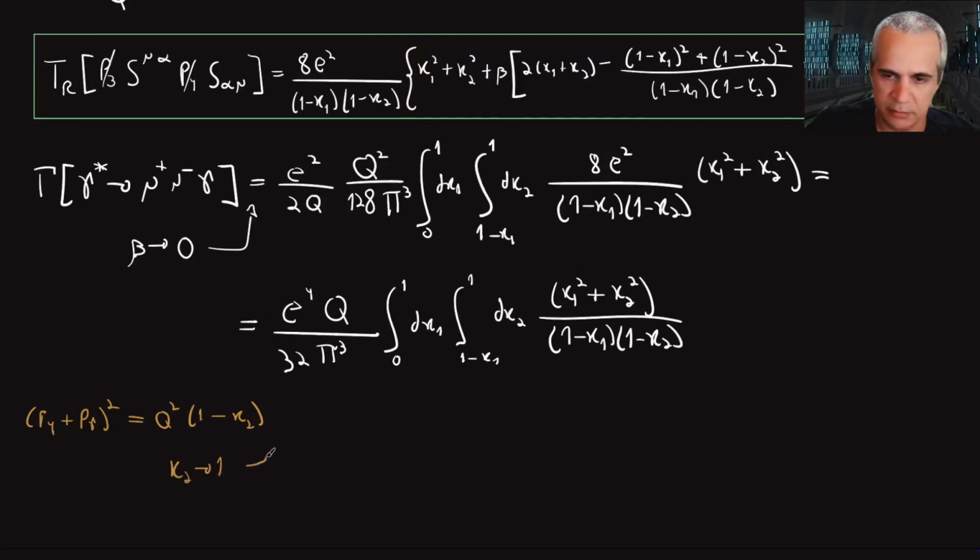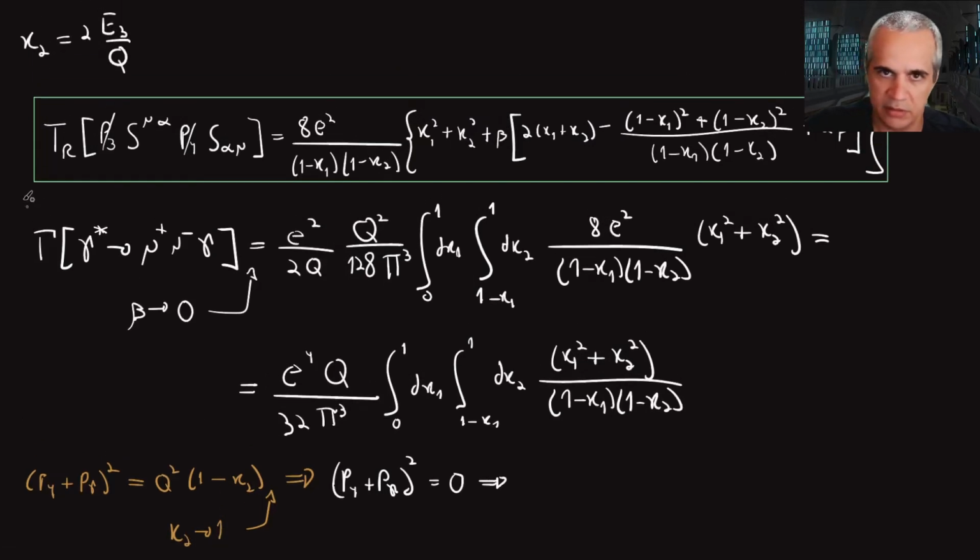that means that (P4 plus P gamma) square is going to 0, right? And that in this reference frame, right, we can write, remember that x2 is 2e3 over q.